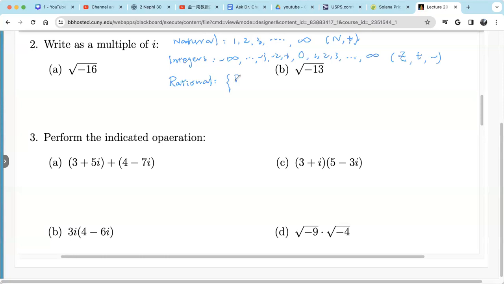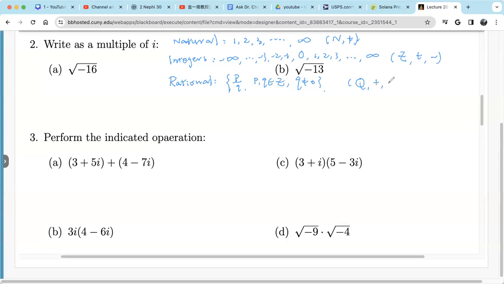Which means we have p divided by q, right? P and q are integers. But q, the denominator, we don't want it to be 0. Rational numbers like 1/2, 2/3, -1/5, so on and so forth. But here now, rational numbers, we use q to represent.